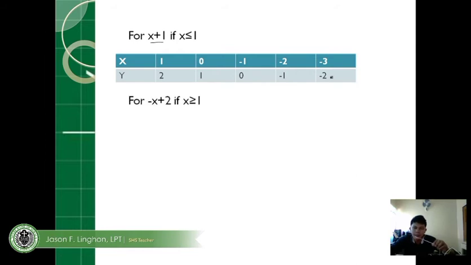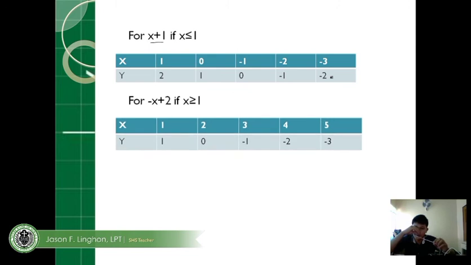For negative x plus 2, if x is greater than or equal to 1 naman, ito yung kanyang table of values. So, same pa din. No? So, ito, starting tayo from 1 up to the positive infinity. So, hanggang 5 lang muna tayo para makita natin yung kanyang graph. Okay? So, same process.